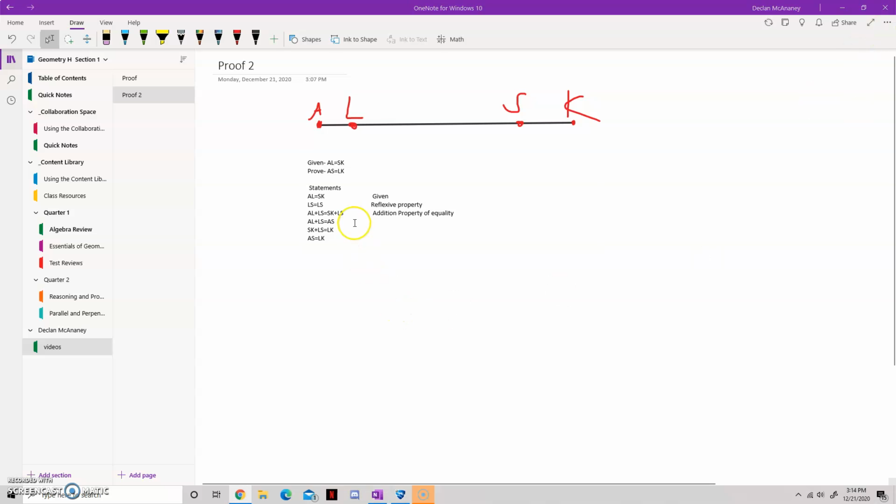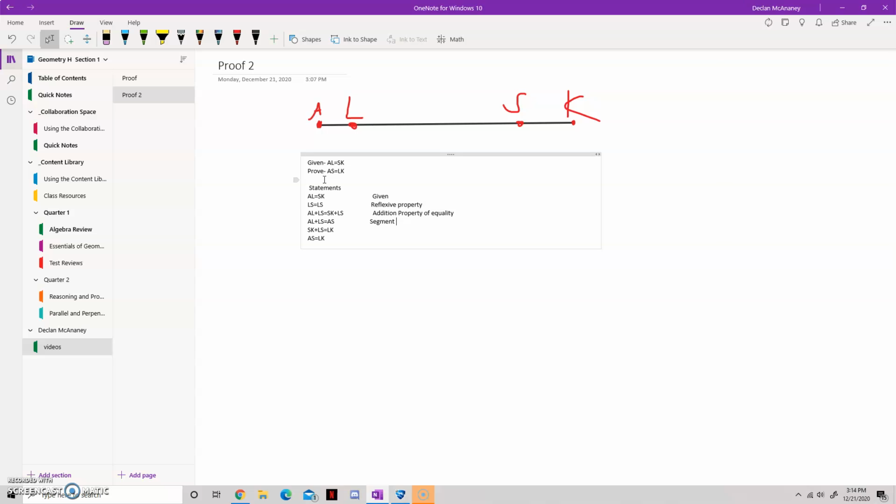AL plus LS equals AS. This is going to be the segment addition postulate. We went over this in the last video, but if you haven't watched it, I'll say it again.